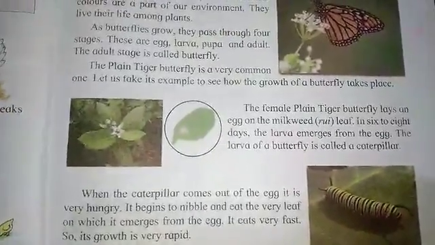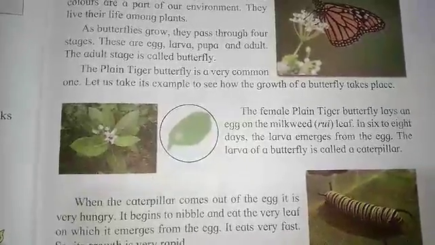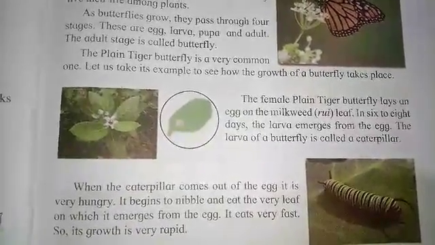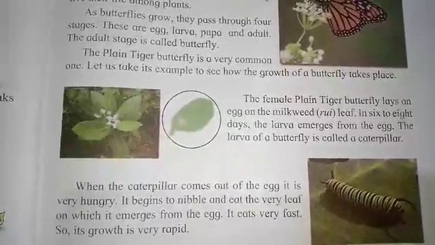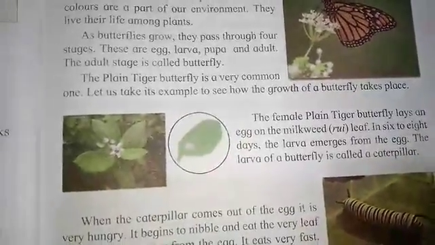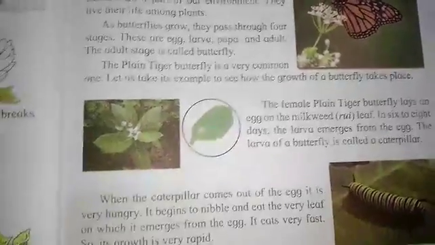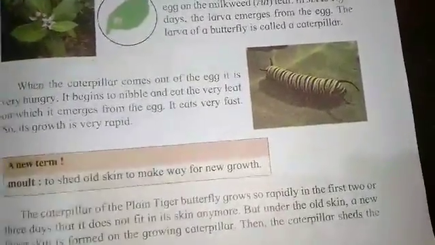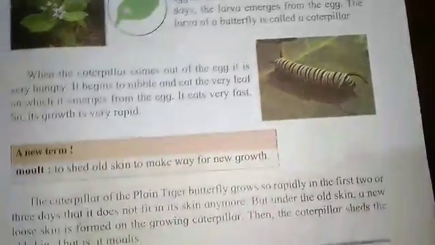Then what is done? The caterpillar is very hungry and eats very fast. It tries to eat the empty eggshell first, and starts eating the rui leaf very fast. After that, as it grows, its old skin gets removed and a new skin is generated.